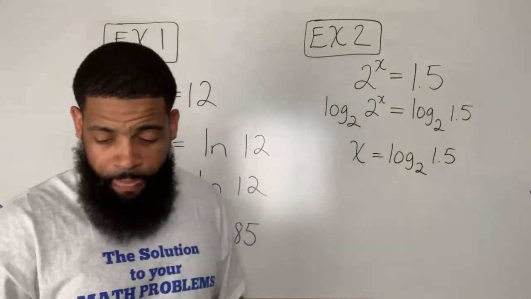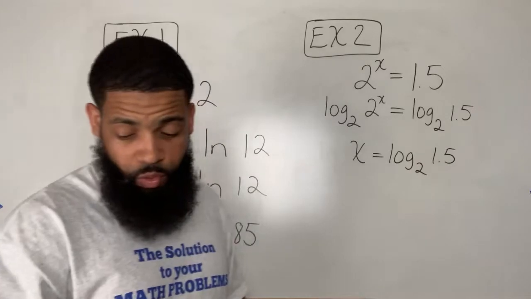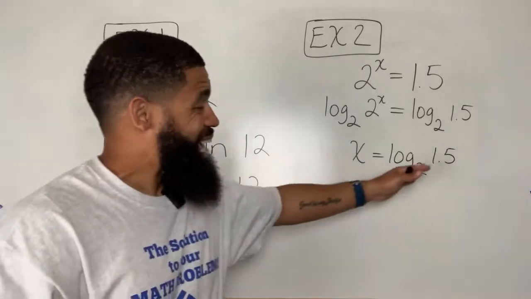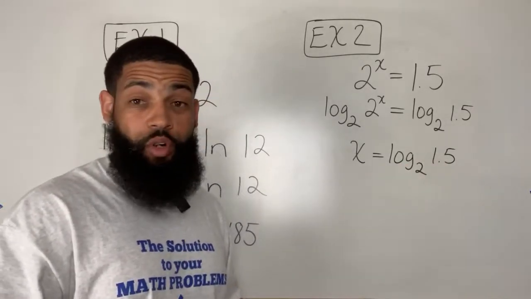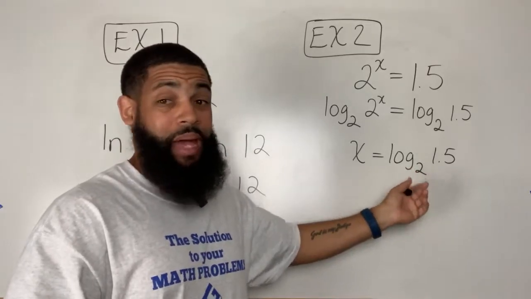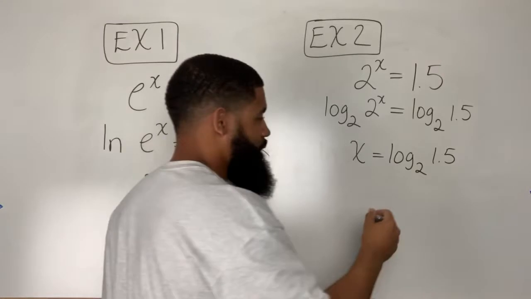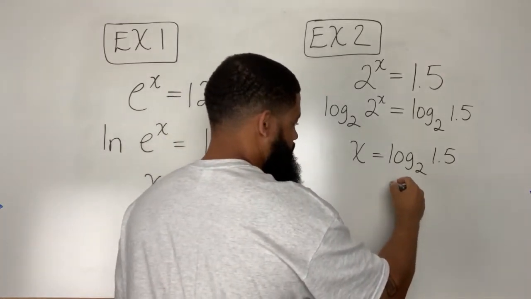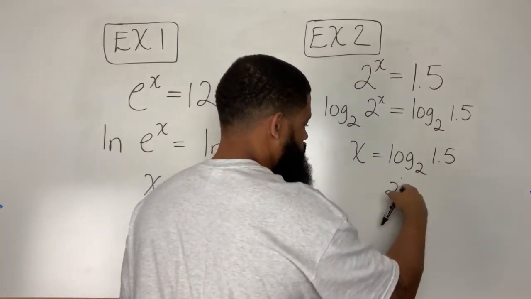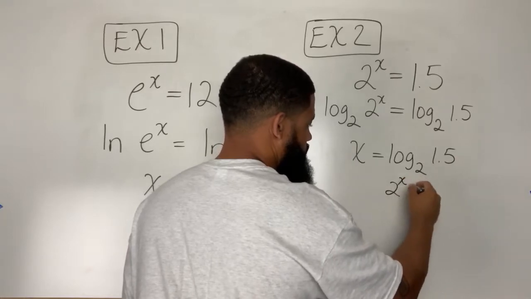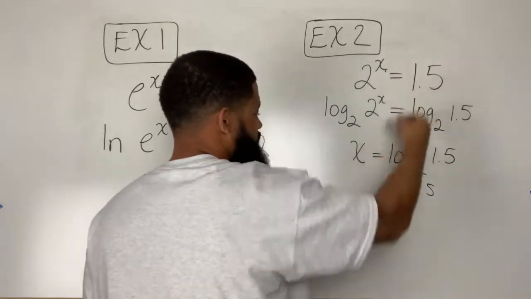Now, for the log base 2 of 1.5, I actually have to use the change of base formula because I don't know what power I can take 2 to get 1.5. So technically, 2 to the x power equals 1.5, as you can see.